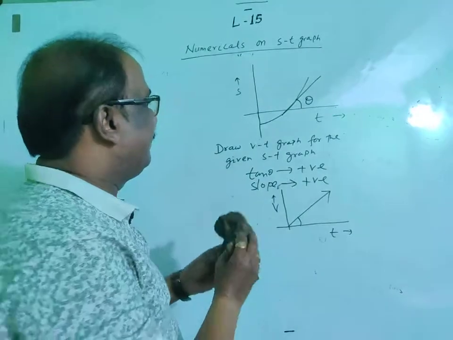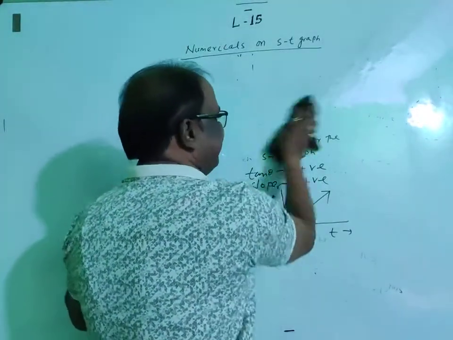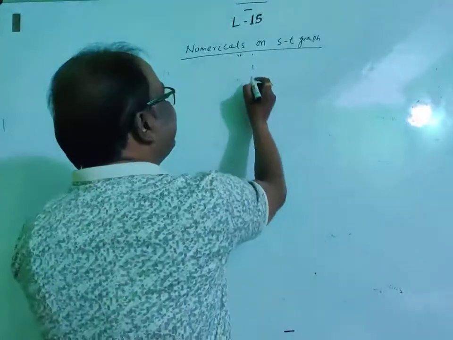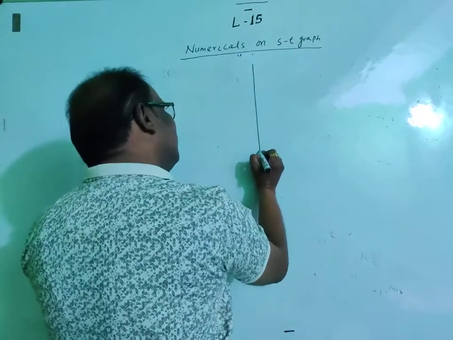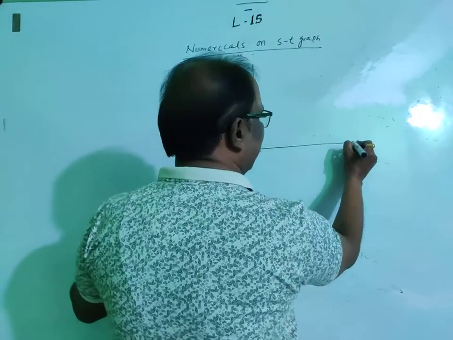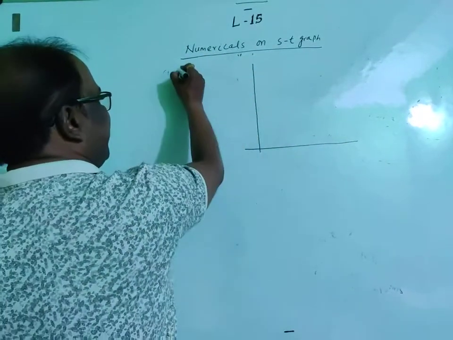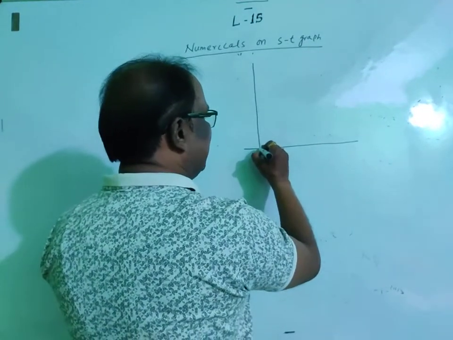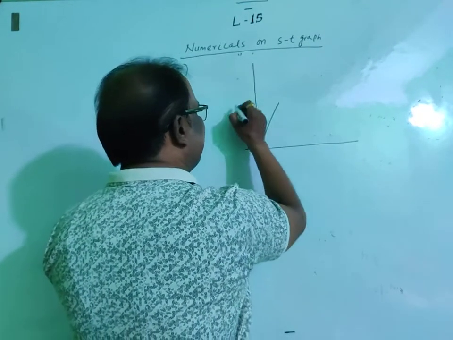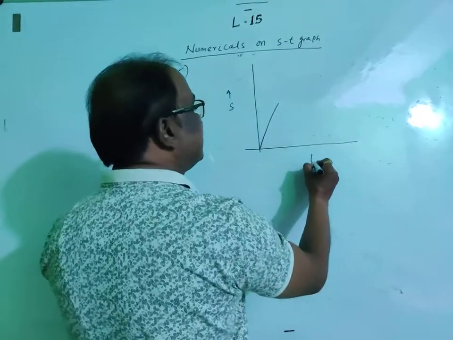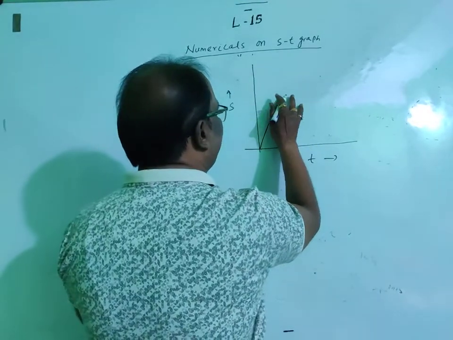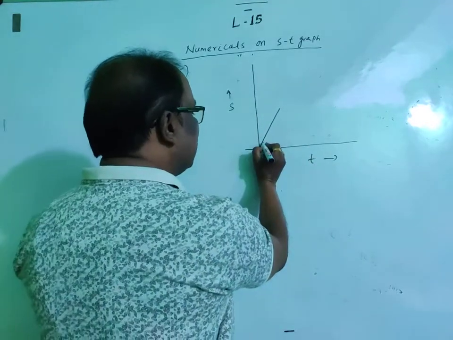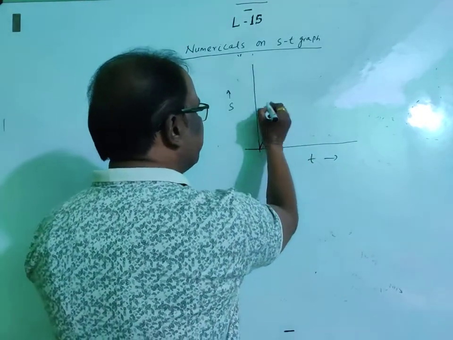Finally, next question. It is also an easier question. We have question number 5. Okay. The question is like this again. Displacement, and this is time. The graph is a straight line making a constant angle with the time axis.